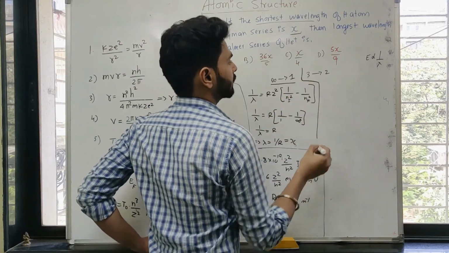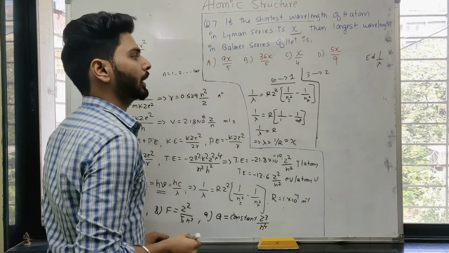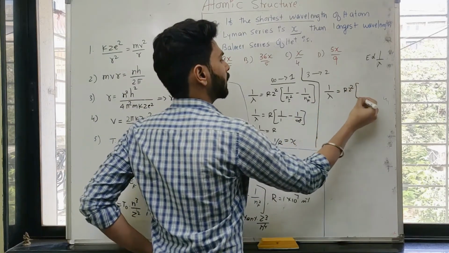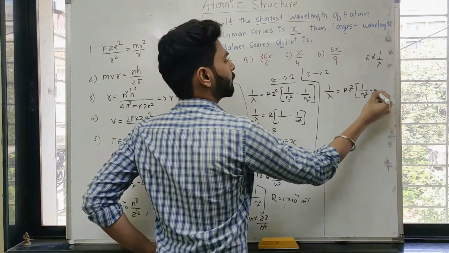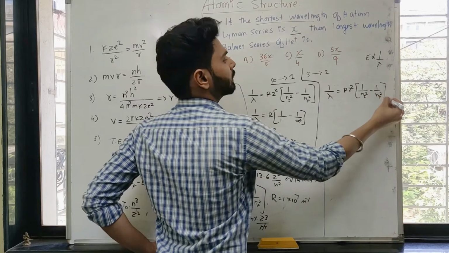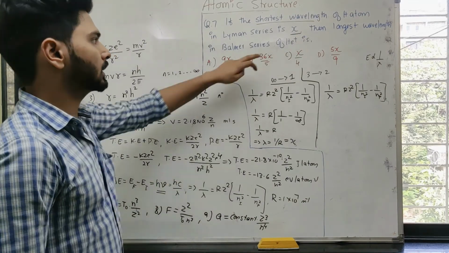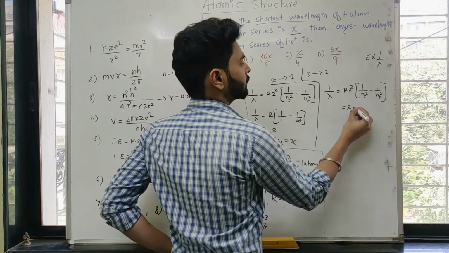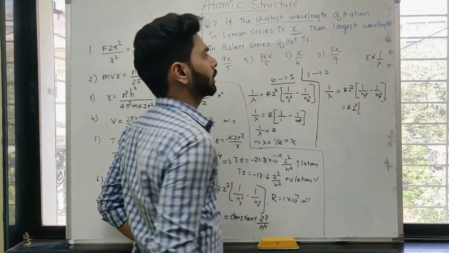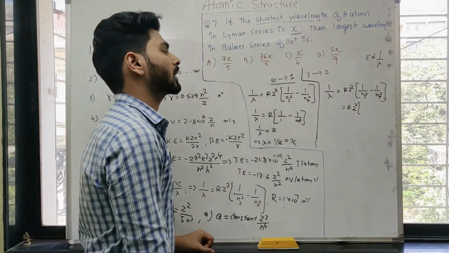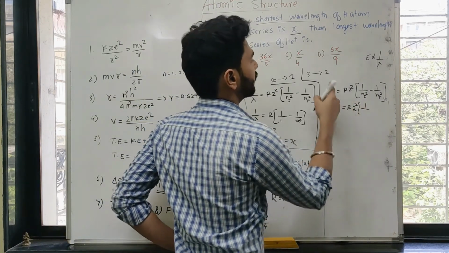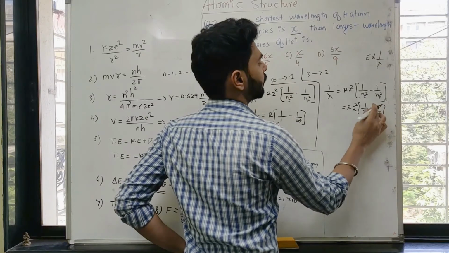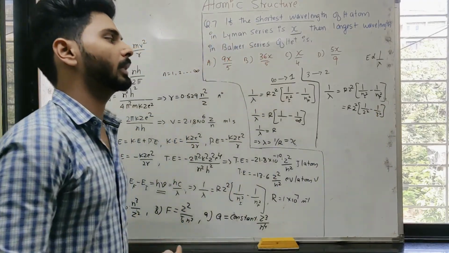Now let us do it for 3 to 2. So 1 upon lambda equals R Z square times 1 upon n initial square minus 1 upon n final square. So here this is for helium, so Z square is 2 square, that is 4. Helium has atomic number 2. 1 upon initial square is 2 square, minus this is final. The higher n value will be final, the lower n value will be initial.